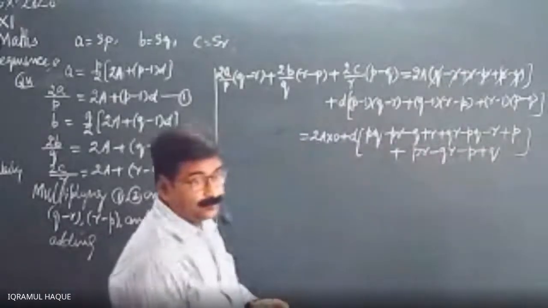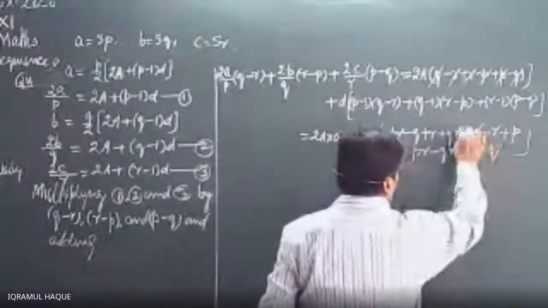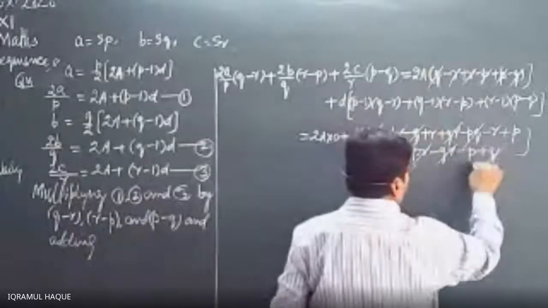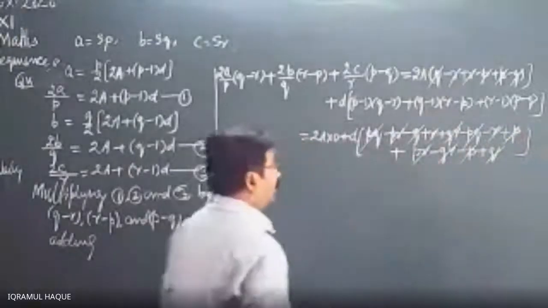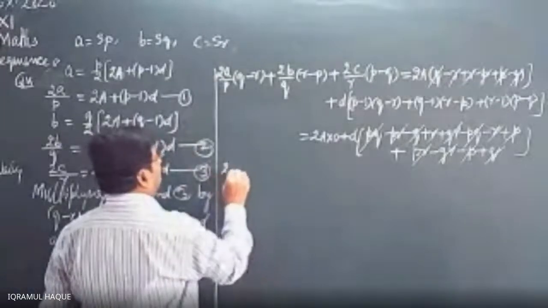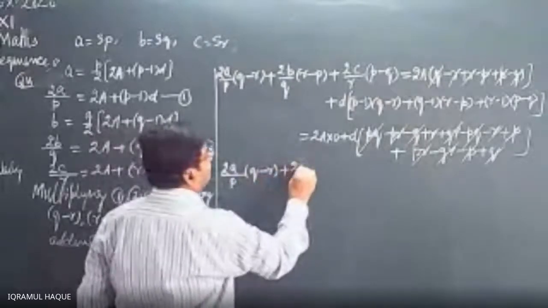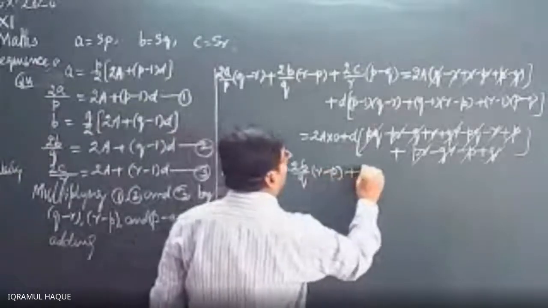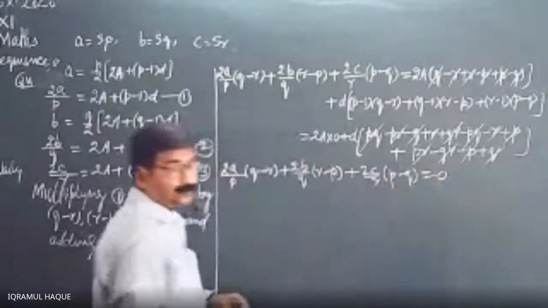See here, plus pq and minus pq, plus qr minus qr, plus pr minus pr, minus q plus q, minus p plus p, minus r and plus r. All is cancelled. So what we have? We have here 2a upon p times q minus r, plus 2b upon q times r minus p, plus 2c upon r times p minus q is equal to 0.